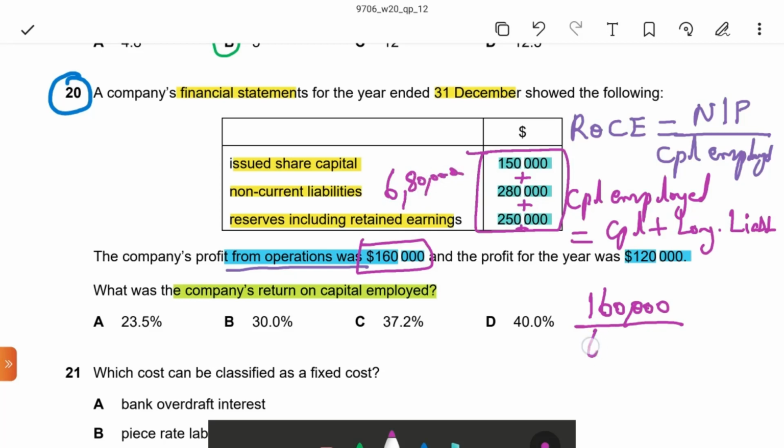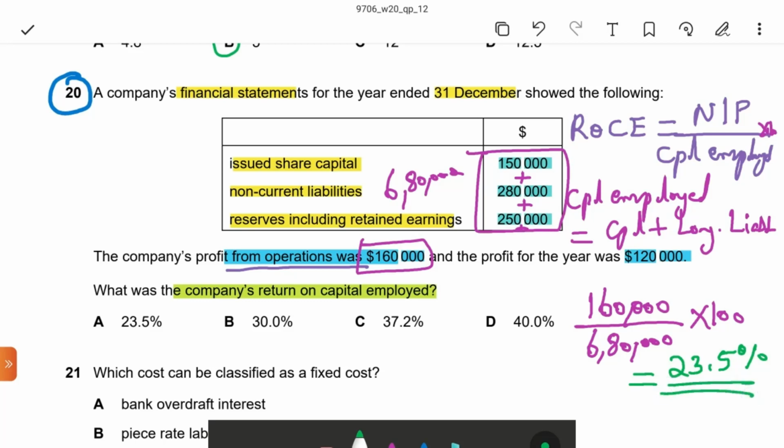So capital employed is 680,000, multiply 100. Profit from operation divided by capital employed into 100. So what is the correct answer? 23.5%. The correct answer is A.